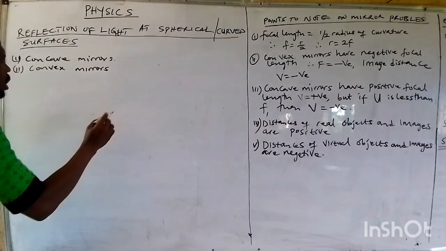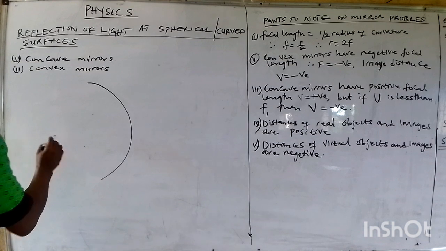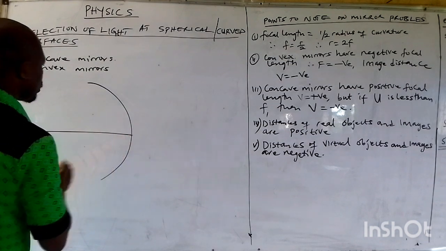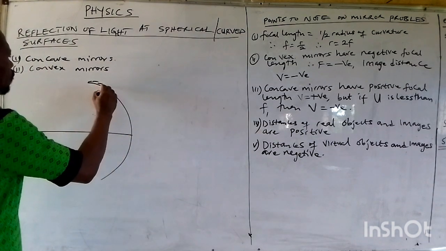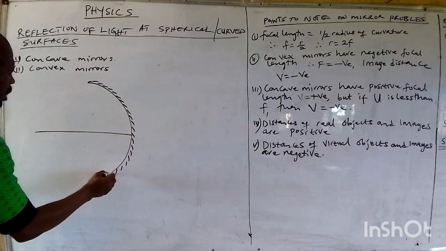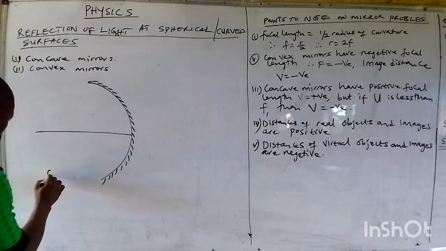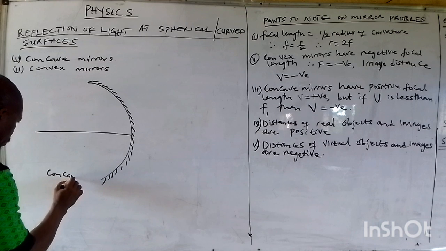To start with, if this is a sphere, and of course we have this, if the outside of this sphere is silvered, we have what we call convex.